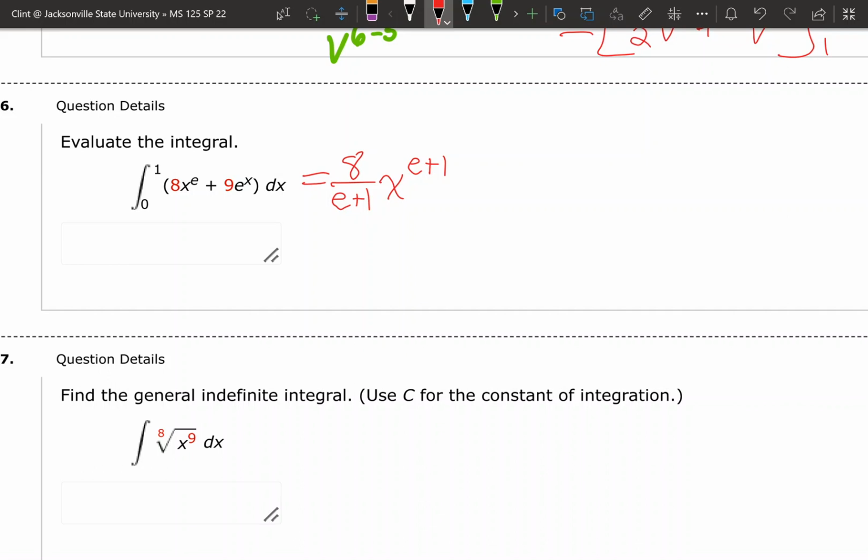The second part of that is even easier, right? Because it's e to the x. So the antiderivative of 9e to the x is just 9e to the x. And then we're going to evaluate from 0 to 1.